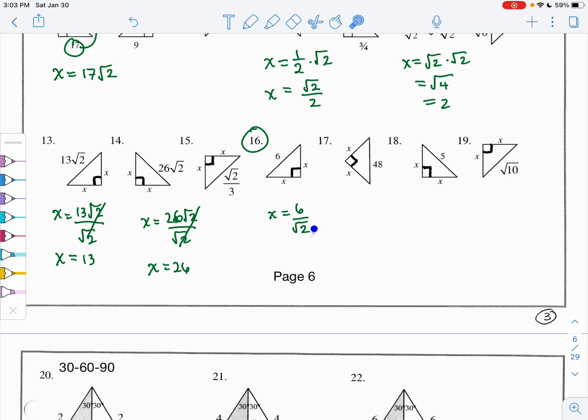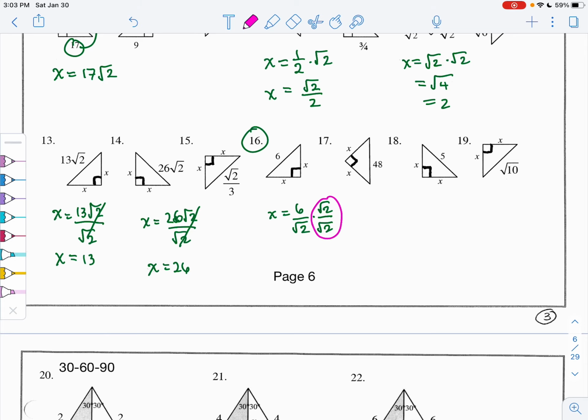To make it so that there's no radical on the bottom, we essentially have to multiply the denominator by the same thing as itself. But when we're multiplying a fraction, we can't simply multiply the denominator by radical 2. We have to multiply both top and bottom, because essentially this is 1. So multiplying something by 1 isn't going to change the fraction.